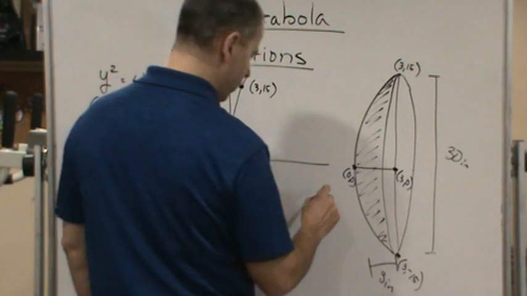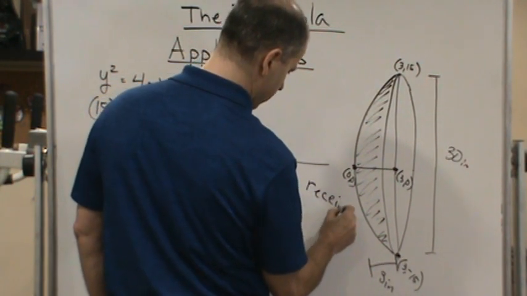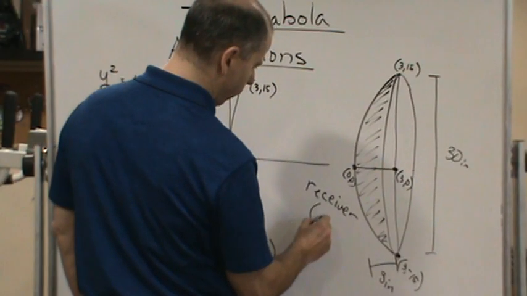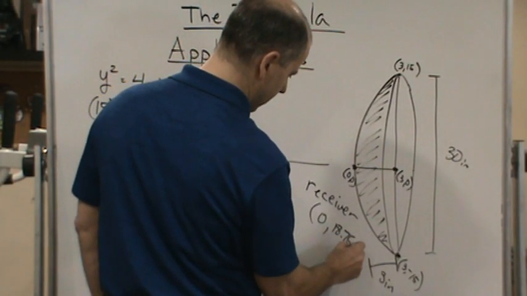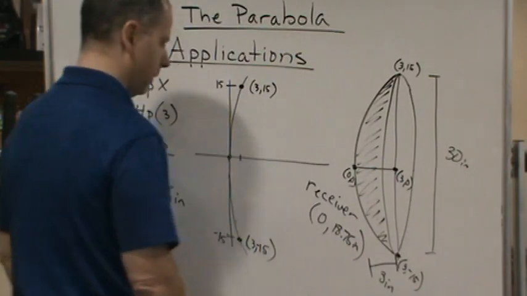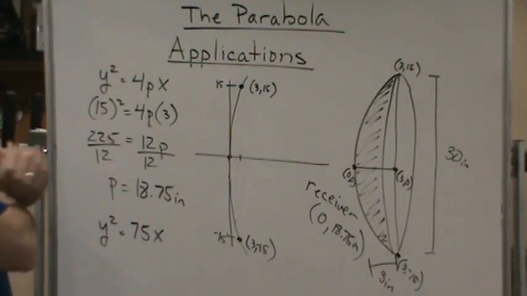So at this point, you want the receiver to be located at what? 0, 18.75 inches. In the dish, in the middle of the dish.